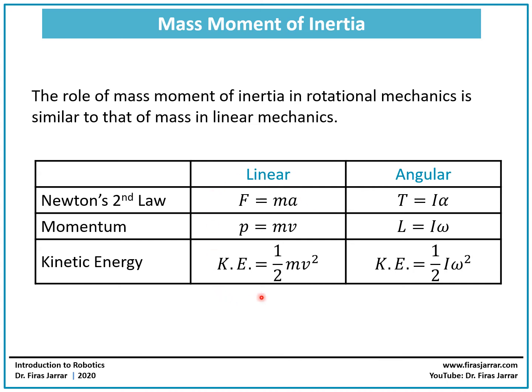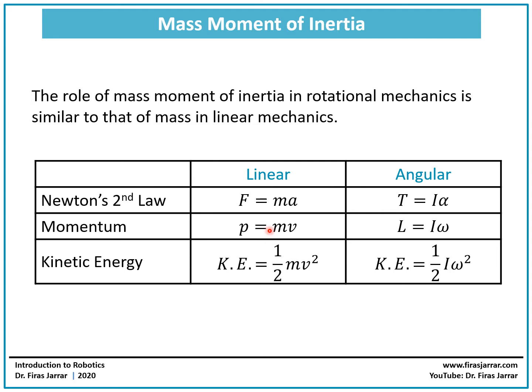Here in this table, we have formulas for the linear mechanics and the formulas for angular mechanics. So for example, in Newton's second law of motion, we have the force is equal to the mass times the acceleration, whereas in angular mechanics, we have the torque equal to the mass moment of inertia times alpha, which is the angular acceleration.